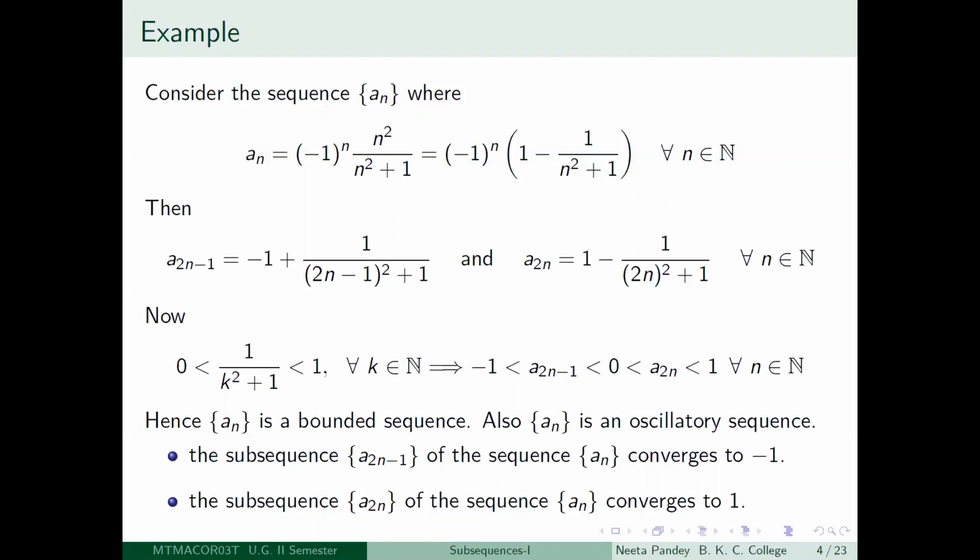So again, in this example, if any subsequence converges, then it will converge to either -1 or 1. So there are only two possibilities. But how many subsequences can converge to -1? There are infinitely many subsequences which converge to -1. There are infinitely many subsequences which converge to 1. But the only possible limits of a convergent subsequence are -1 or 1, right? As in the previous example.